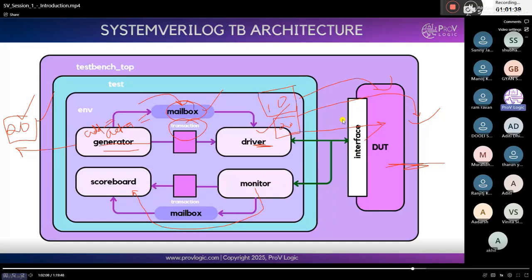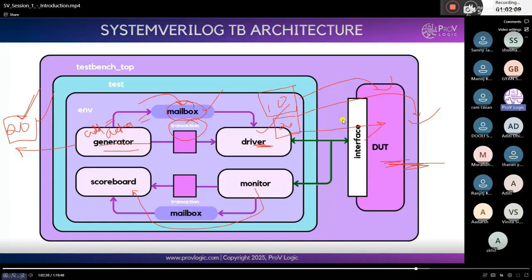Whatever the initiator is sending, at the consumer side or target side we also need to get the same data. Transmitter side and receiver side must be the same. So if the generator is sending 20 transactions fast, but the driver is not able to get the data fast, and cannot send the data to the DUT at the same frequency.